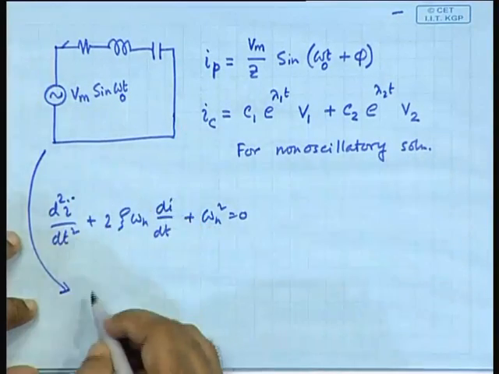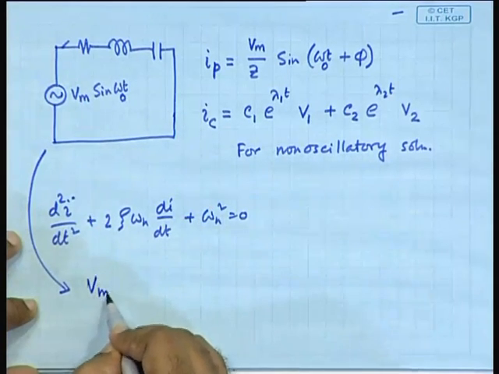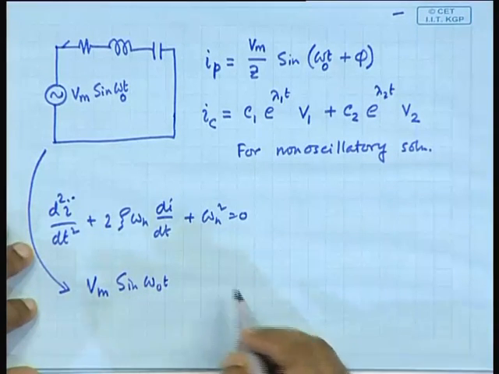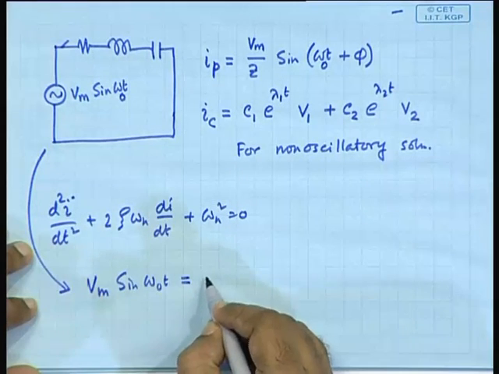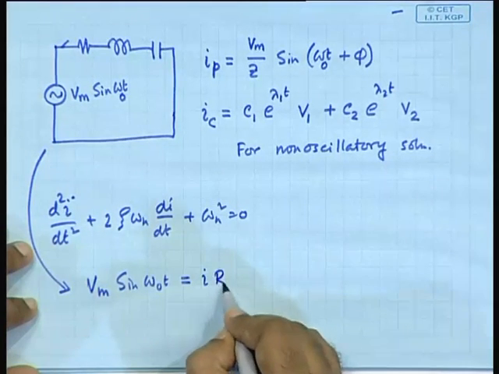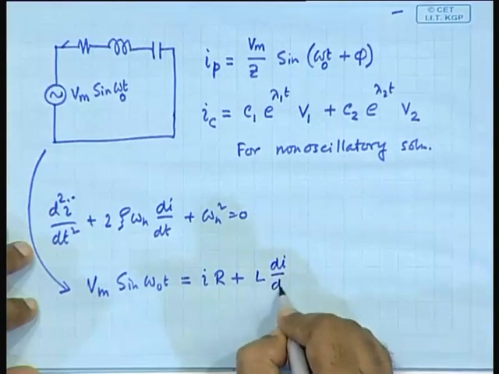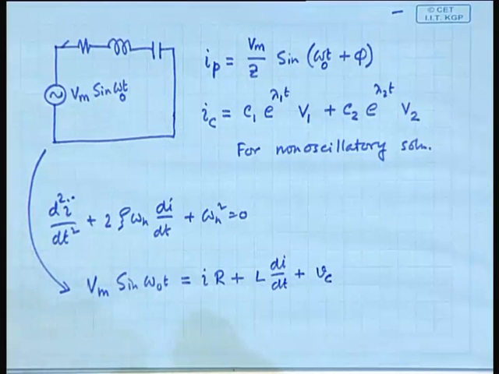You have this voltage V m sin omega naught t is equal to, first this drop, this is I r plus this L d I dt plus, fine, this was V c.